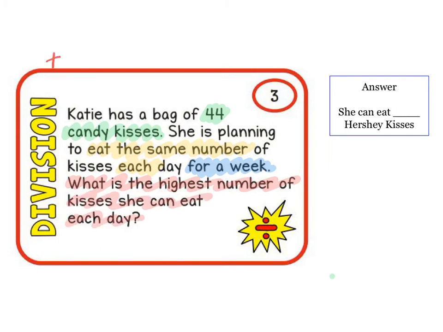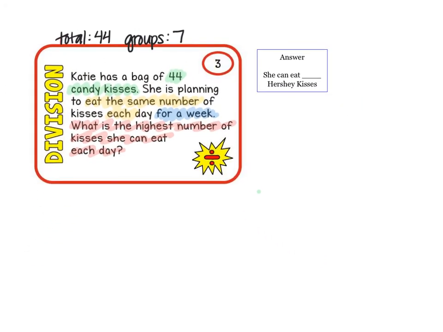So my total is 44 kisses. My groups will be 7 because there are 7 days in a week. So I'm going to break those 44 kisses into 7 equal groups. So that means I have to divide 44 by 7.